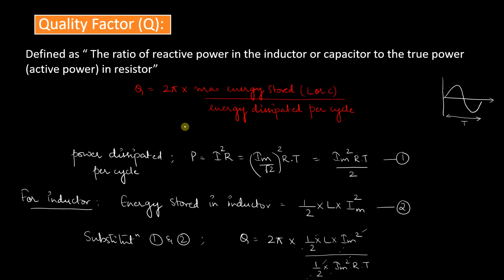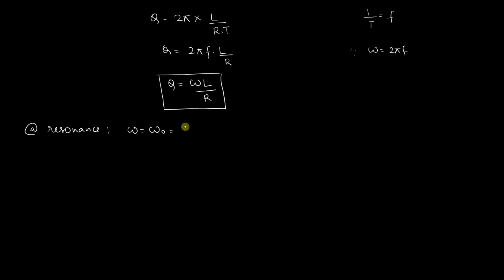Substituting that, we have Q equal to omega naught L divided by R, that is equal to 1 by square root of LC into L divided by R, or Q is equal to 1 by R square root of L by C.